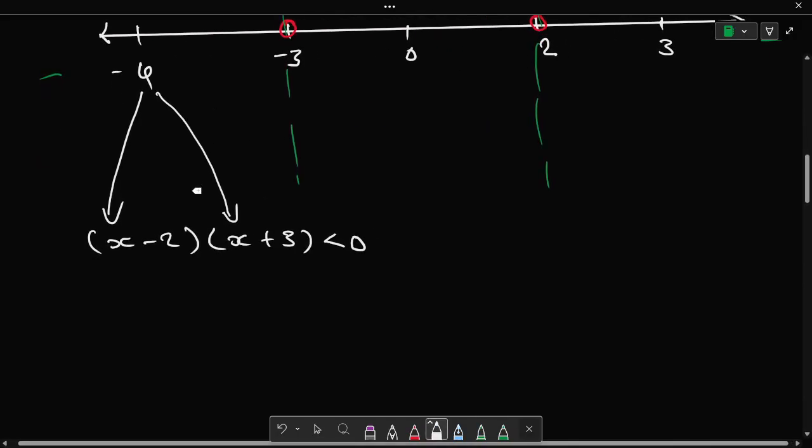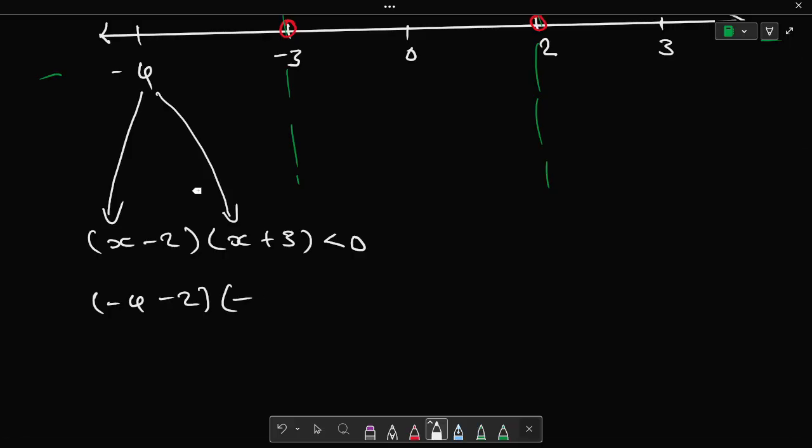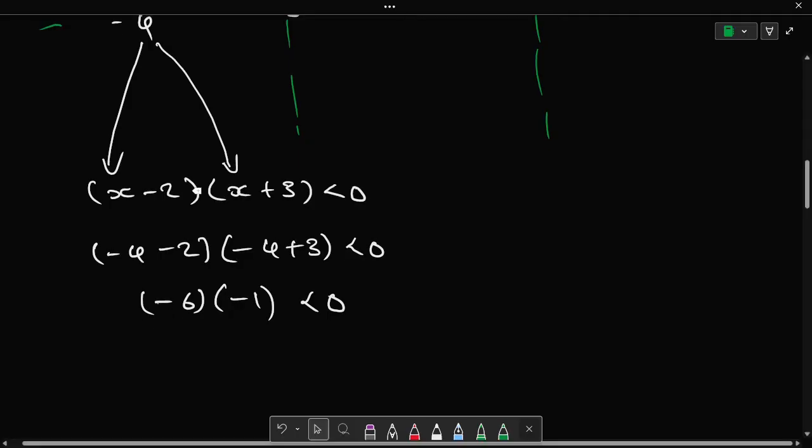When we replace -4 where there is x, it's -4 minus 2 here, and then here you replace -4 plus 3. What are we getting? We are getting -6 here, and -1 here, and this will give you 6.